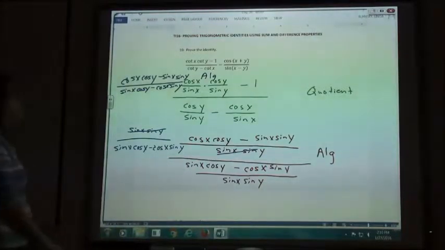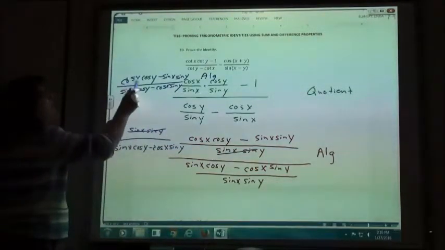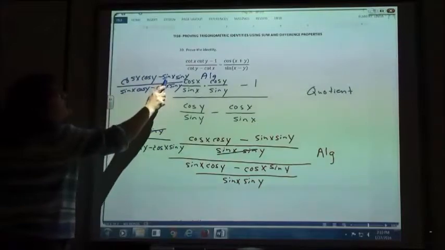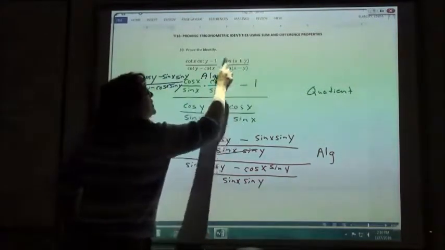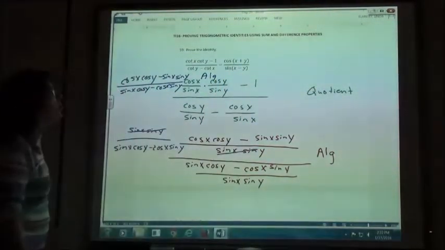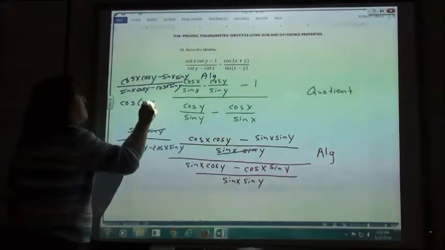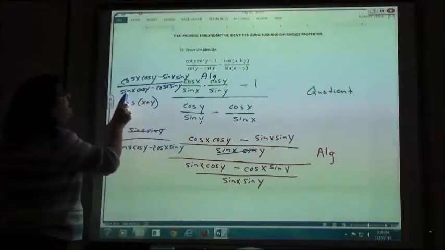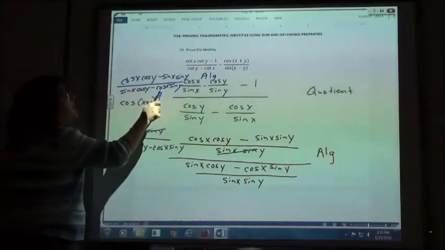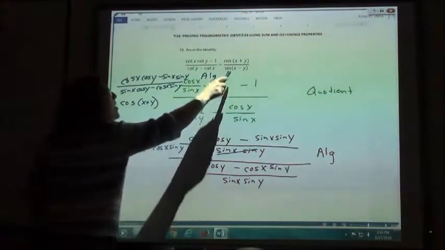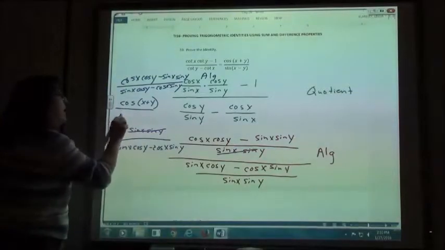So now what you should notice here is that I have cosine of x, cosine of y, minus sine of x, sine of y, which is your cosine of x plus y. And on the bottom we have sine of x, cosine of y, minus cosine of x, sine of y, which is your sine of x minus y.